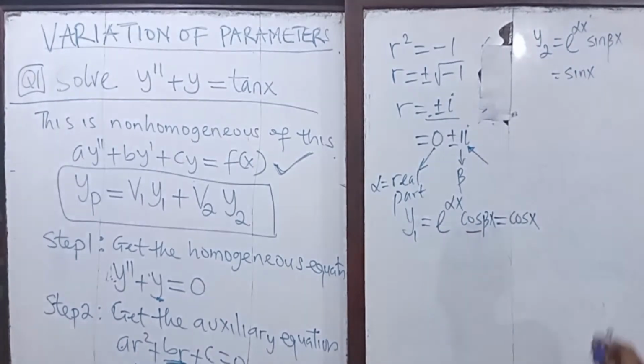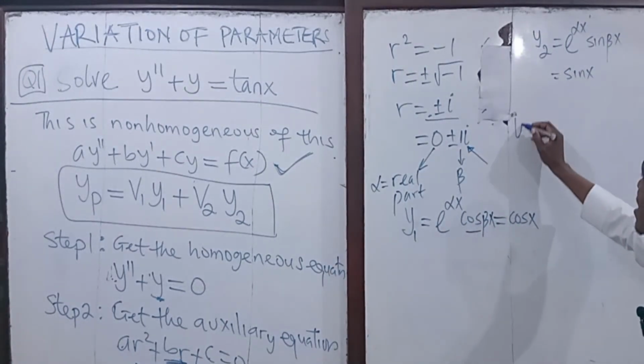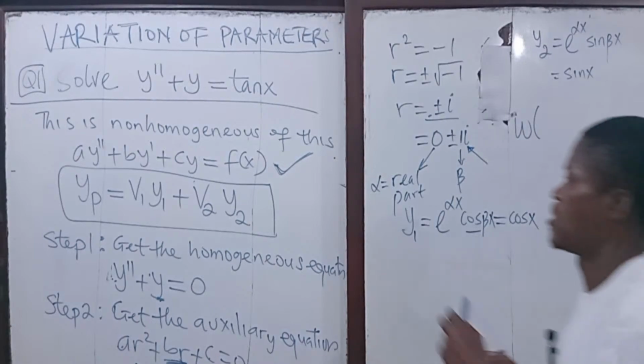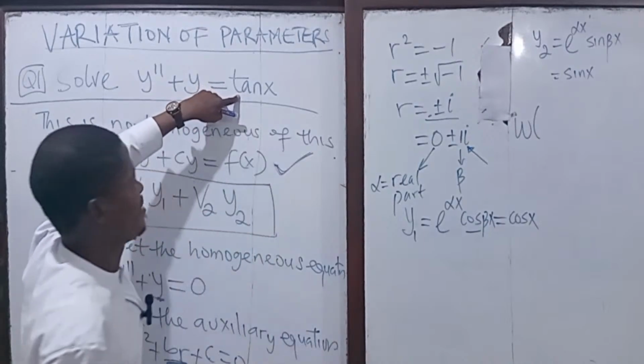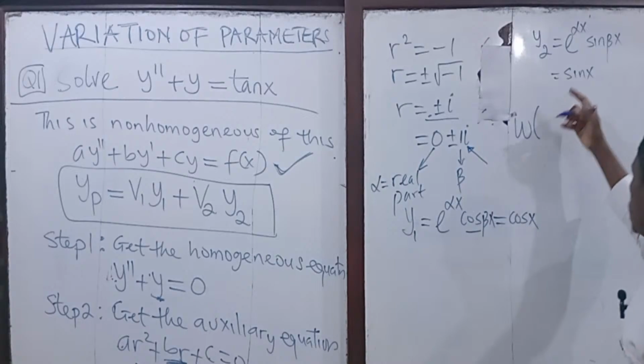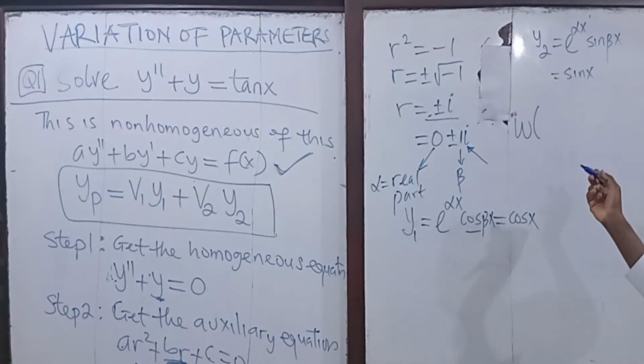With that, you can now get your Wronskian. Don't forget, your f of x is a function of x, so the Wronskian would just be a function. Everything we are doing is a function of x.